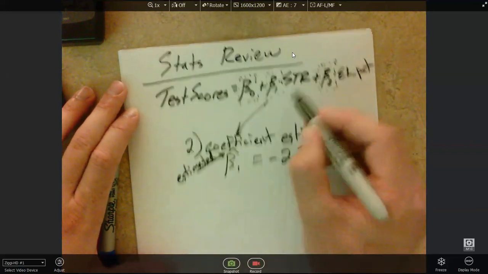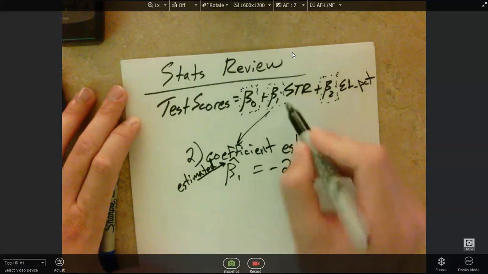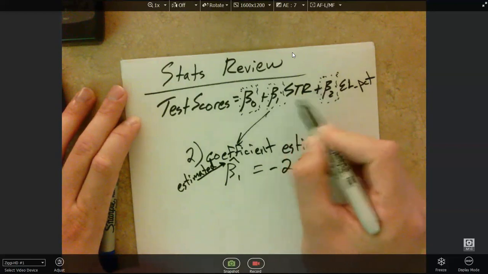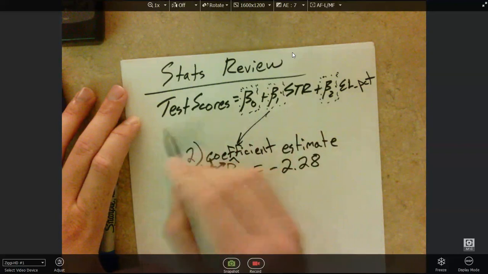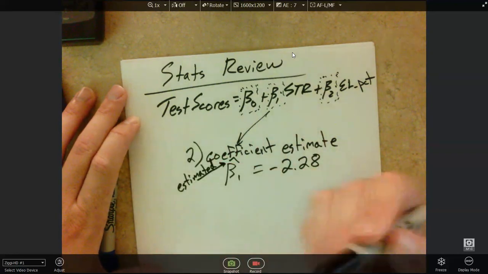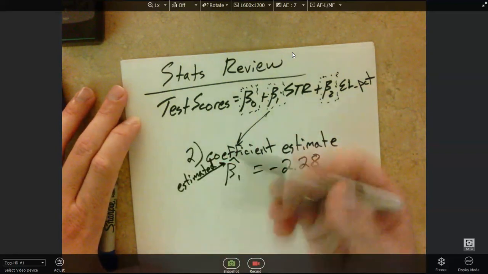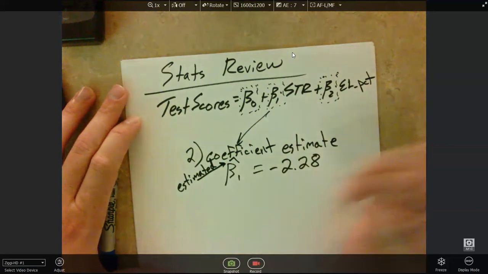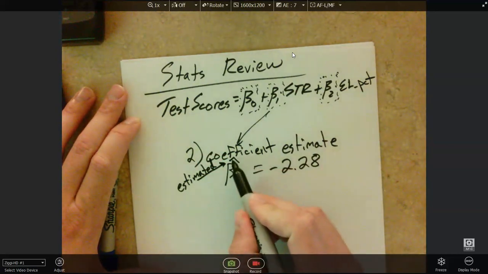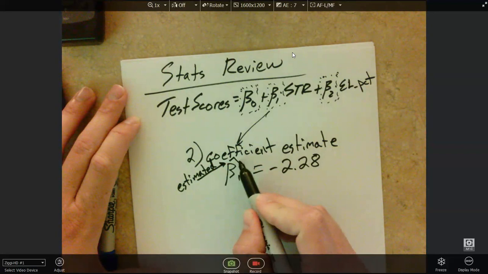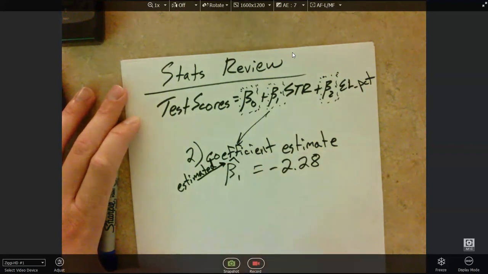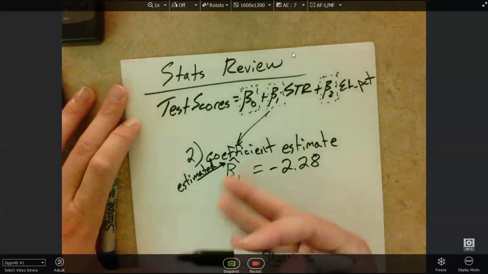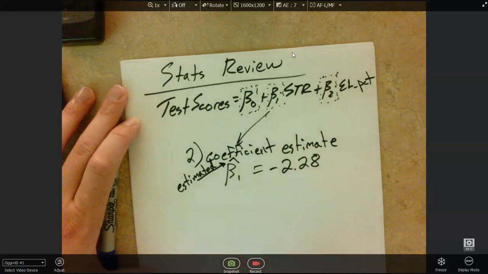Because there's a true beta 1 in terms of what is the relationship between student-teacher ratio and test scores. I don't know that true beta 1. I'll probably never know the true beta 1. But what I can get is the estimated beta 1 hat. And as long as there are some conditions that are met, I can then infer this is approximately the true beta 1.